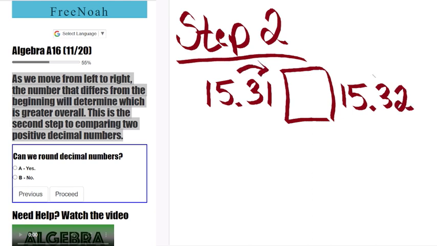As we move left to right on both values, we notice that the hundredths place value is different. So is 1 greater than 2? No. 1 is less than 2. So we can say 15 and 31 hundredths is less than 15 and 32 hundredths.